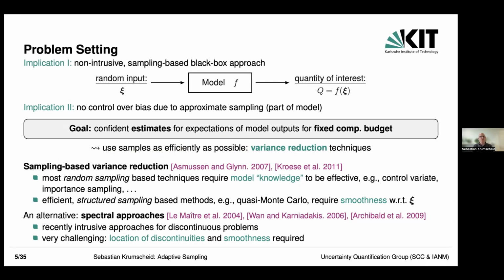Similarly, if you think about some structural sampling ideas, like quasi-Monte Carlo, these methods, to be effective, require regularity of our quantity of interest as a function of psi. And again, we work under the assumption that there may be some discontinuities even in the stochastic domain, so we don't want to rely on smoothness.